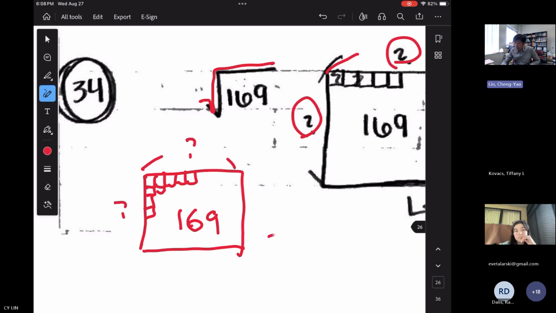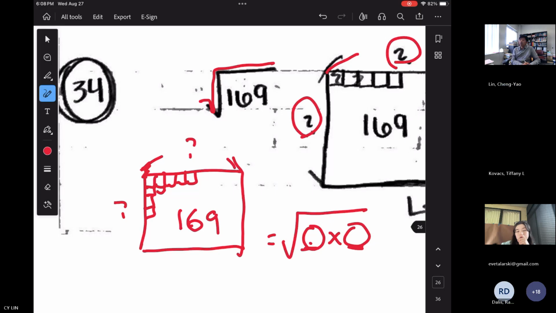For 169, we have to find two numbers that are exactly the same, multiplied by each other.